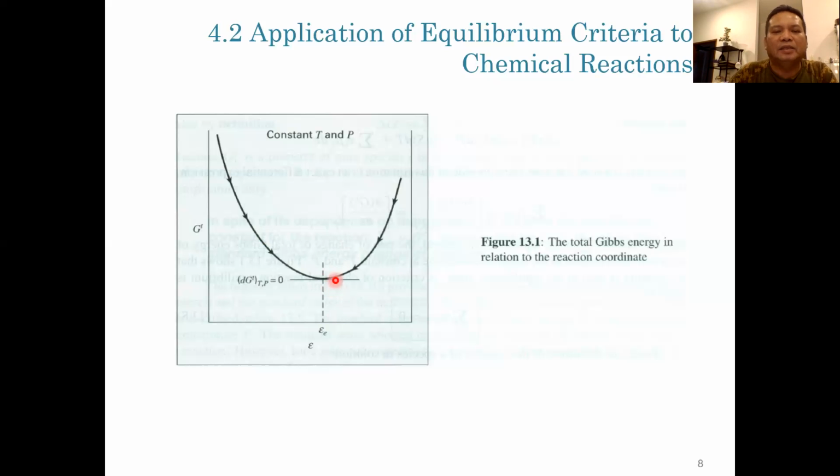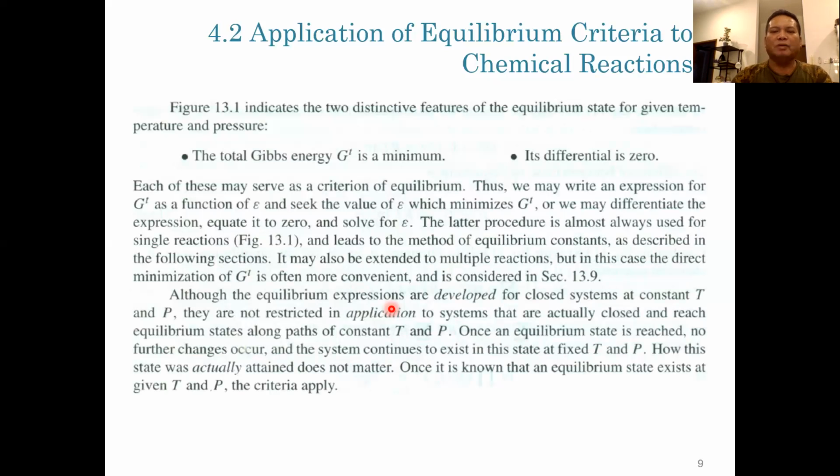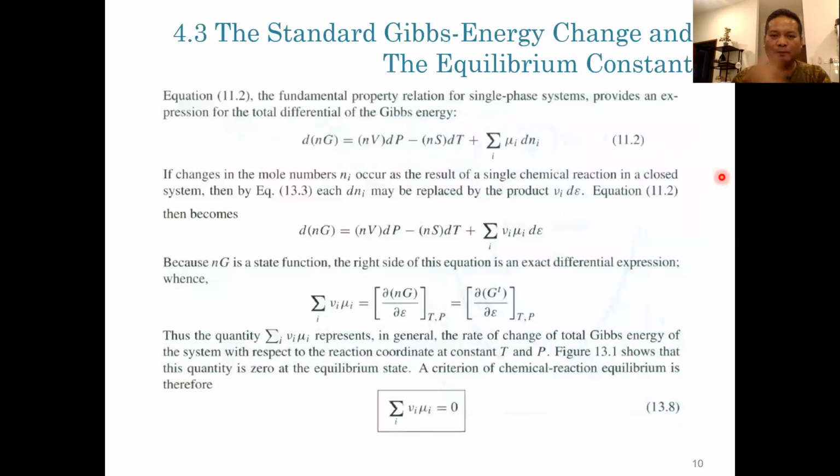This further defines what equilibrium is. For equilibrium, the total Gibbs energy is at the minimum and its differential is 0, meaning whatever direction, it's the same. Toward the end, it's 0.